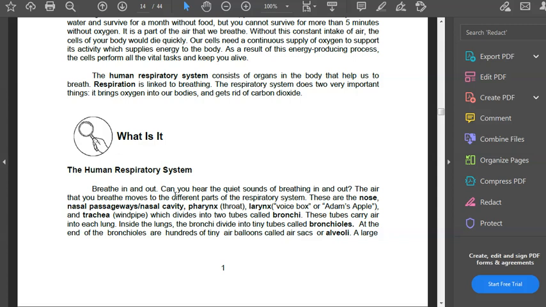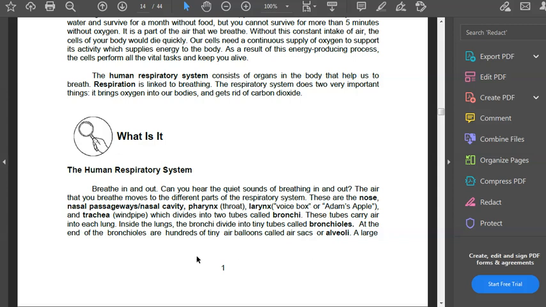So what is the human respiratory system? When you breathe in and out, inhale, exhale, you are now breathing. The air that you breathe moves to the different parts of the respiratory system.